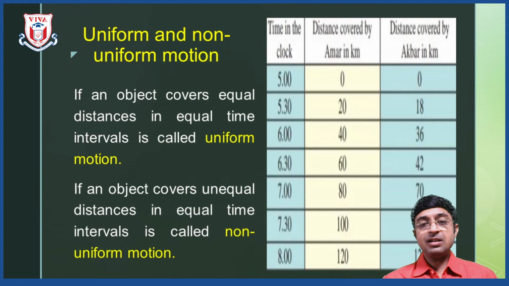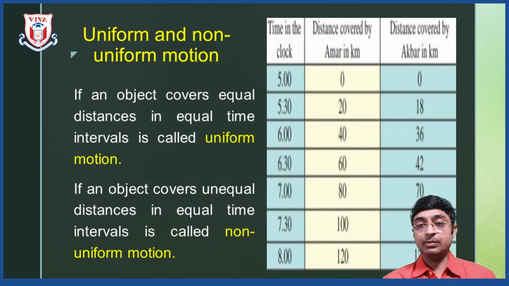Now in the next half an hour, 5:30 to 6 o'clock, 20 to 40 means again 20 km covered by Amar, and 18 to 36 again 18 km covered by Akbar. Now again in the next half an hour, 6 to 6:30, Amar covered distance from 40 to 60, means again 20 km. Time increases by half an hour and distance covered by Amar is every time 20 km, means same time and same distance covered by Amar.